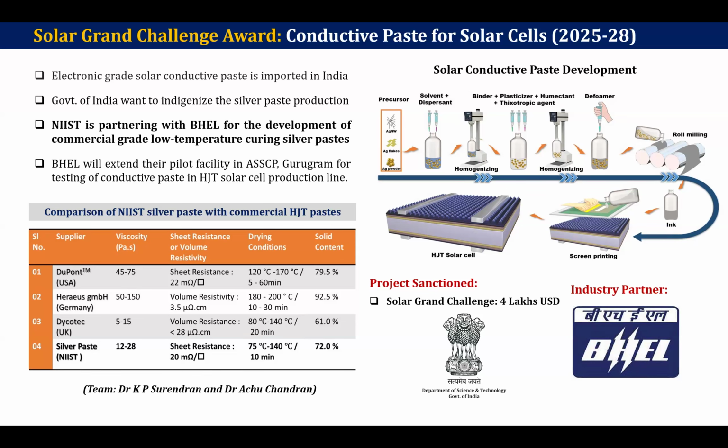Then defoamers and processes like roll milling are adopted for the ink formulation. Finally, using screen printing technology, you can print or transfer these patterns onto the HJT solar cell.